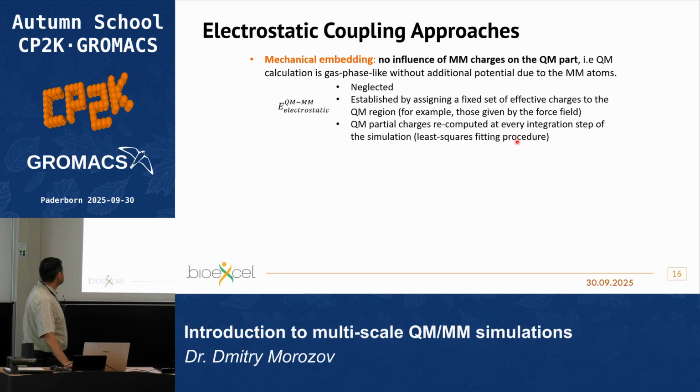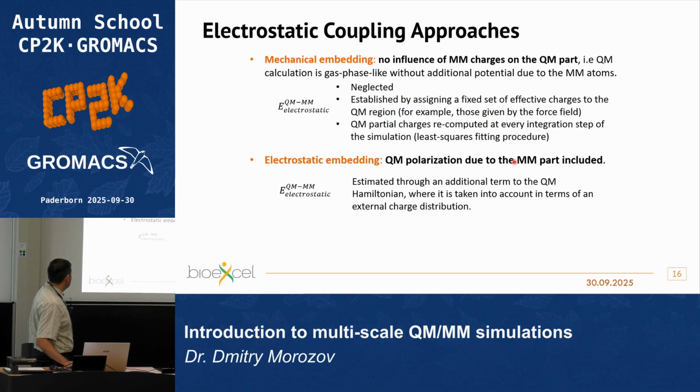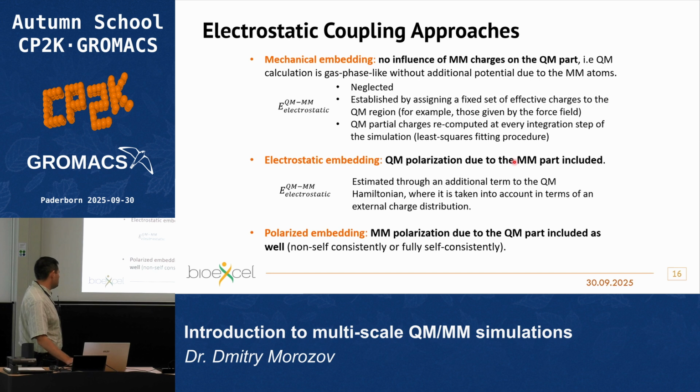Okay, so these coupling approaches: in mechanical embedding, as I said, your QM system doesn't know anything about the MM system. In electrostatic embedding, they feel each other. In polarized embedding, they self-consistently influence each other.